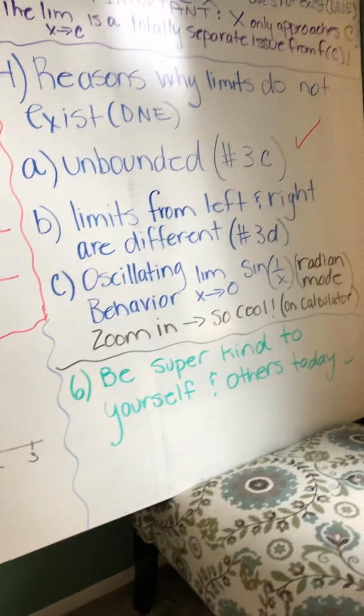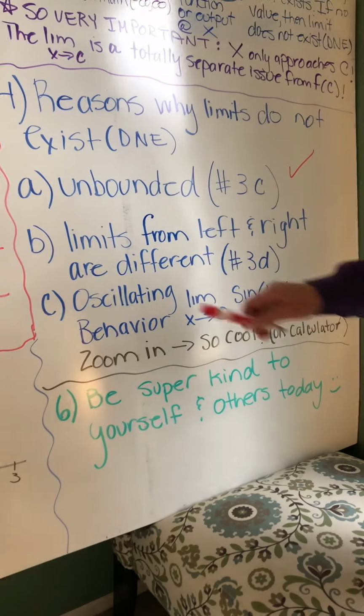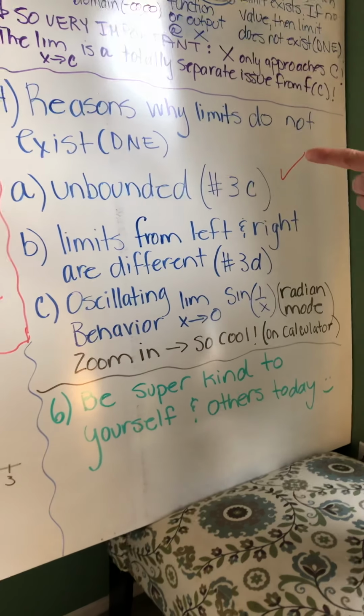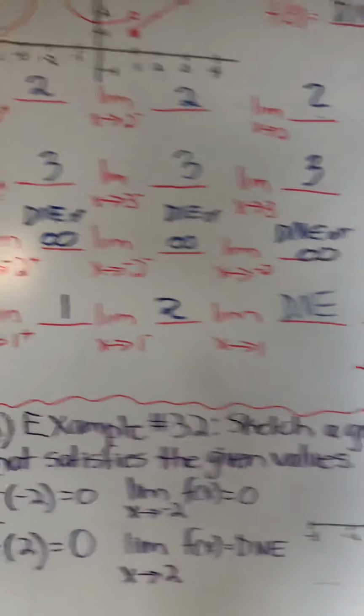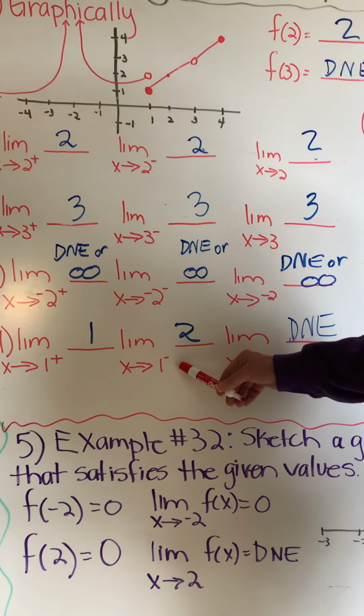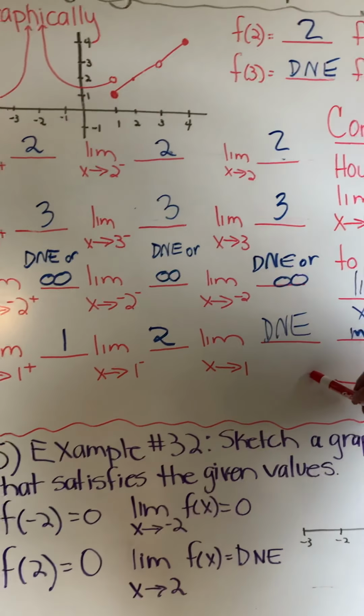What's another reason that a limit might not exist? That might happen when limits from the left and the right are different. That's our 3D. Let's take a look over here. We saw here that the limits existed from the right and from the left, but they weren't the same, so the limit did not exist.